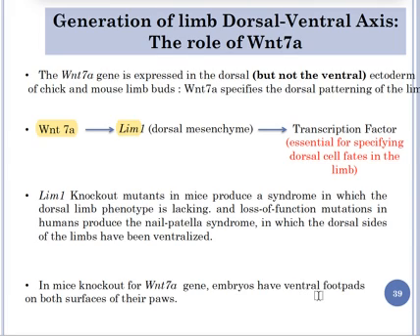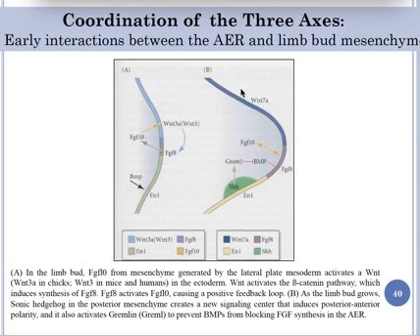Both sides of the paws become ventral, instead of having one dorsal side and one ventral side. You have to know that these three axes of limb growth coordinate together: the dorsal-ventral, the proximal-distal, and the anterior-posterior.